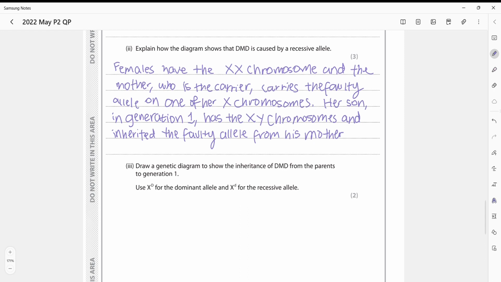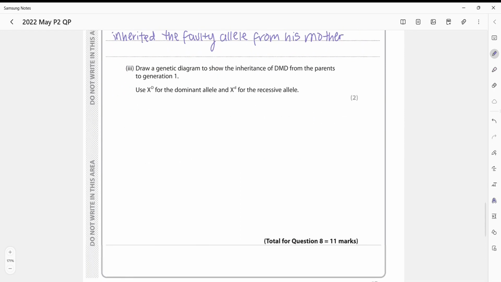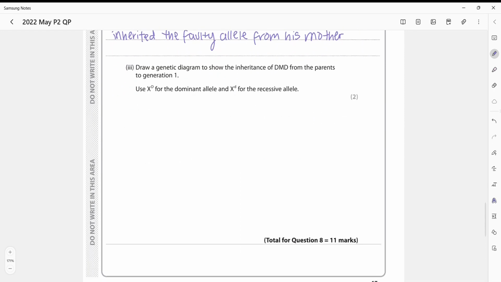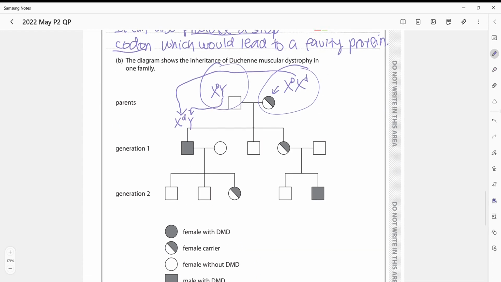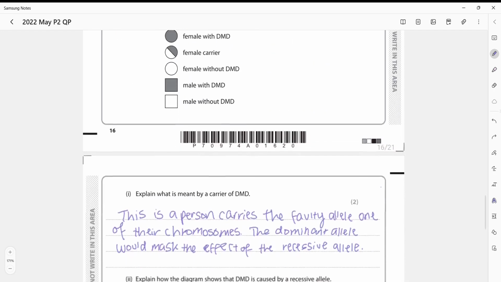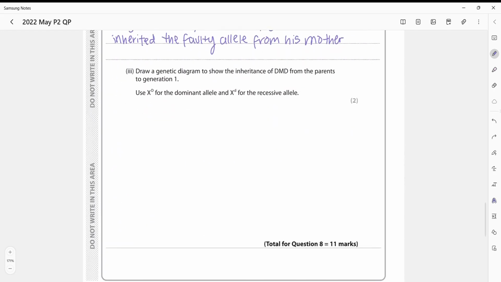Okay, let's move on to part 3. Draw a genetic diagram to show the inheritance of DMD from the parents to generation 1. Okay, so we've already written the genotypes here. This is the genotype for the mom, this is the genotype for the dad. So let's draw out the Punnett square.